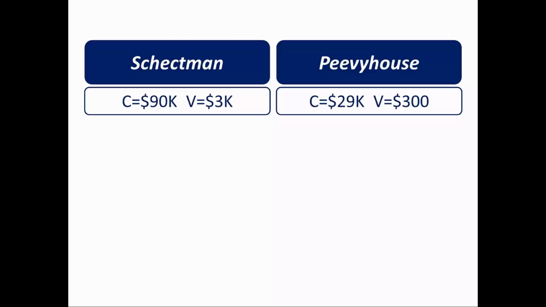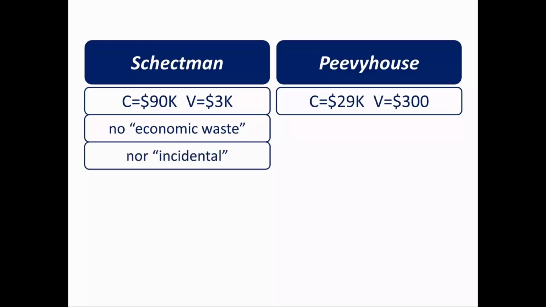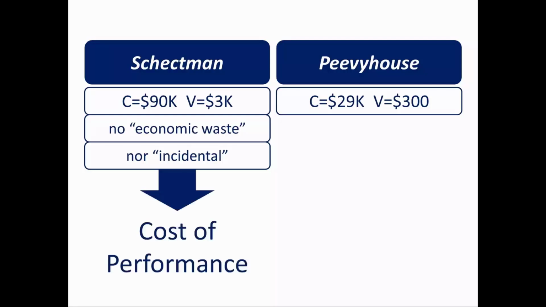In Schechtman, the court concludes that there's no economic waste of the sort found in Jacob and Young's against Kent. Nor is the promise to grade the property incidental to the main purpose of the contract, as in Peavey House. So they award damages based on the cost of performance.